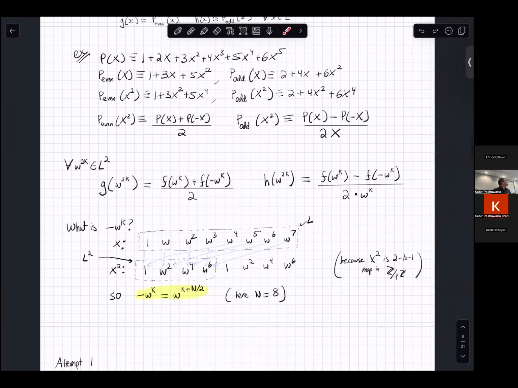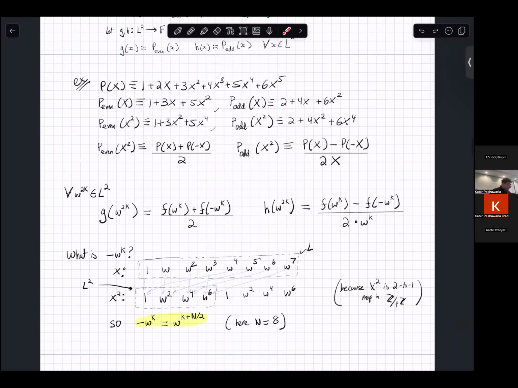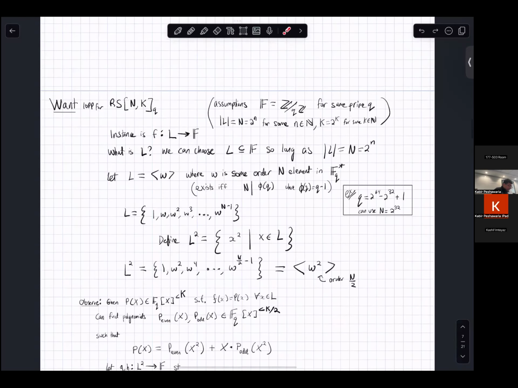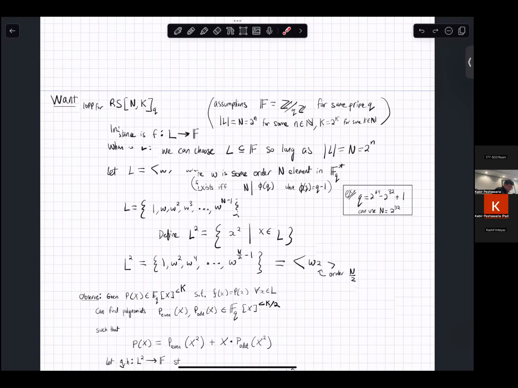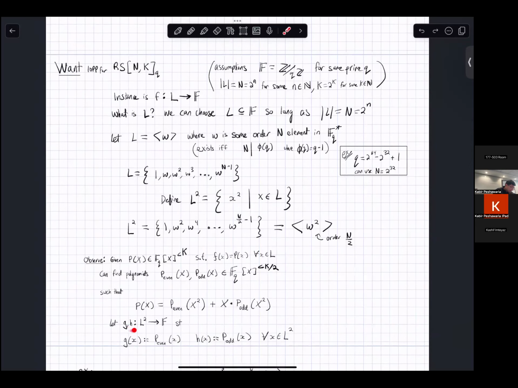If you have seen the FFT algorithm before, then this is very similar. It's very much motivated by the FFT algorithm. The idea is that if we choose our domains carefully so that there's a 2-to-1 map from my initial domain, then F was a vector of capital N evaluations, and G and H are vectors of capital N over 2 evaluations, right?